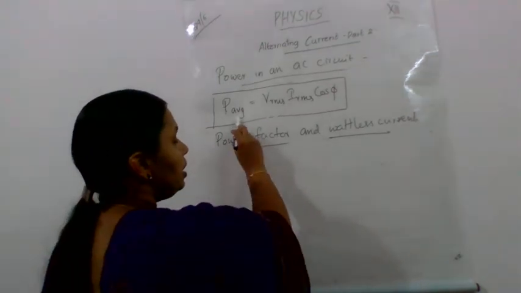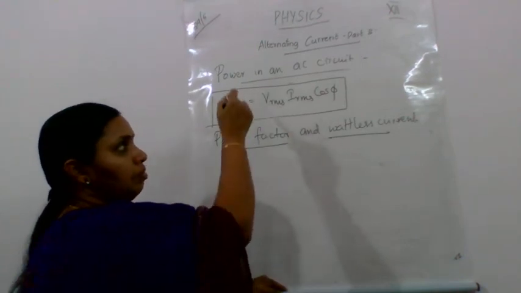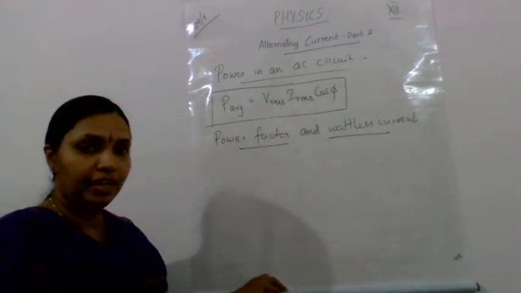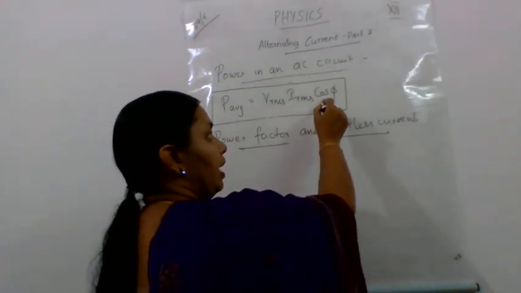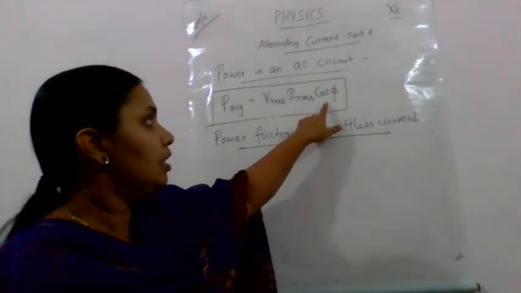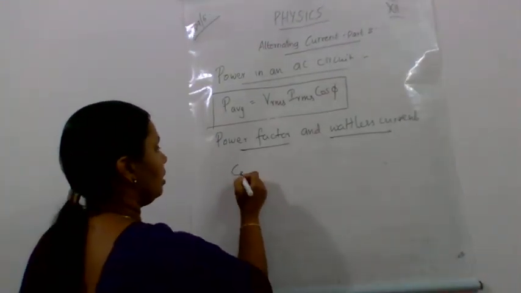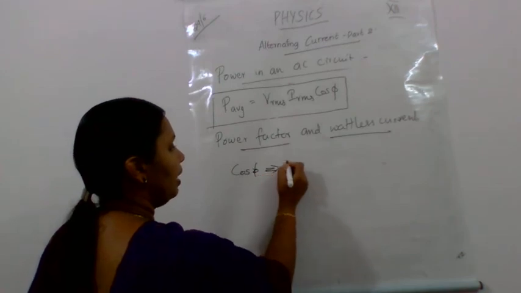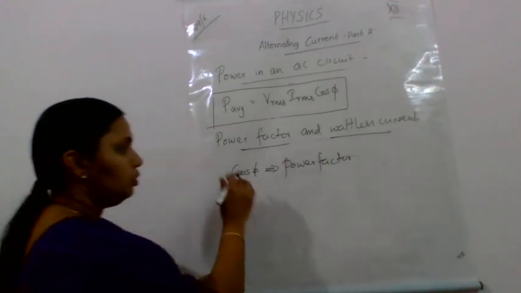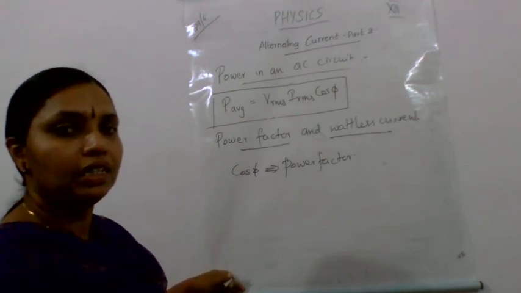That is, the average power is not equal to the product of the effective value of potential and effective value of current. It depends upon one more factor, cos phi, where phi is the phase difference, and that term in the equation is known as the power factor. Cos phi is known as power factor, because according to the value of cos phi, the power is varying in the circuit.